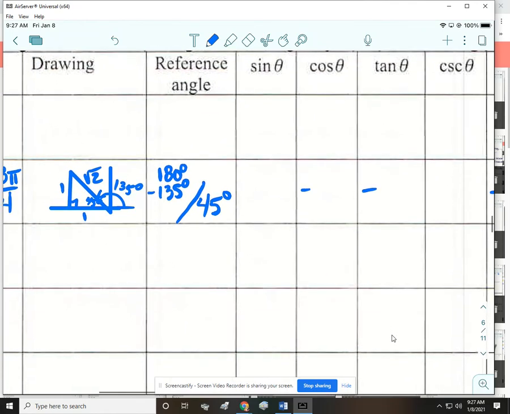All right, and then I'm just going to do SOHCAHTOA with that little triangle that I drew. So for sine, we're going to do the opposite over the hypotenuse, and then reduce that. For the cosine, same thing, we do adjacent over hypotenuse.